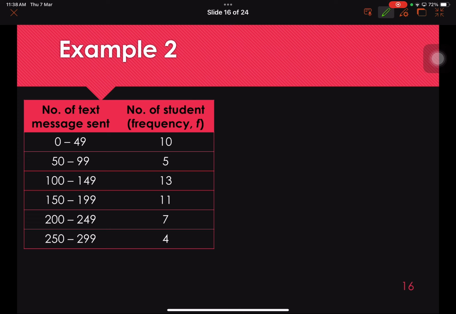Summation of fx squared. What is your answer? 101788020, same? Summation of x squared.